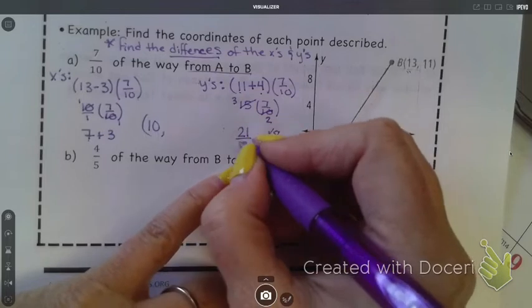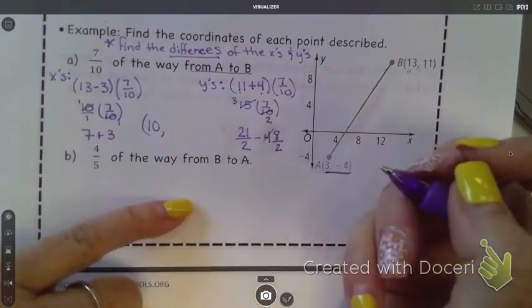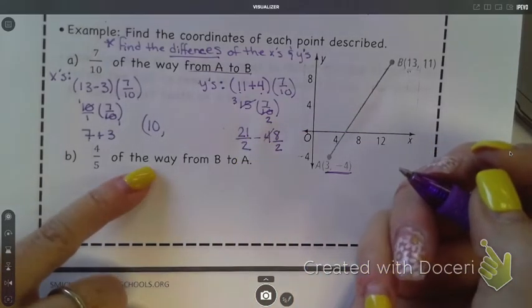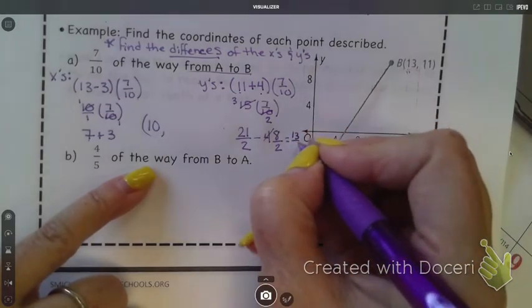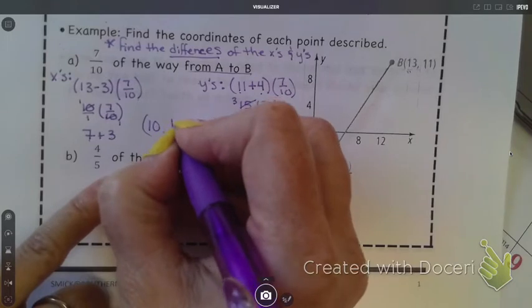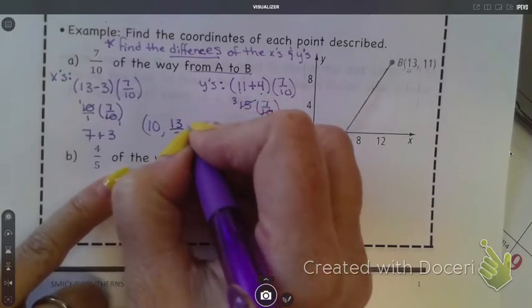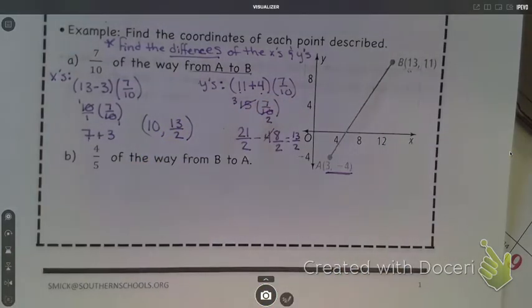So what is 21 minus 8? 13. So I get 13 over 2. Yeah. So in your brain, you should know 13 over 2 is 6.5, correct?